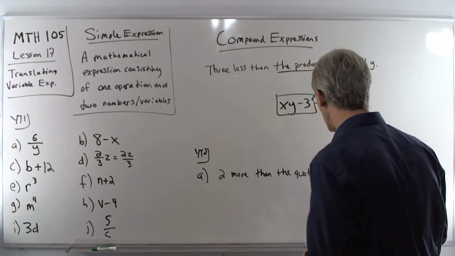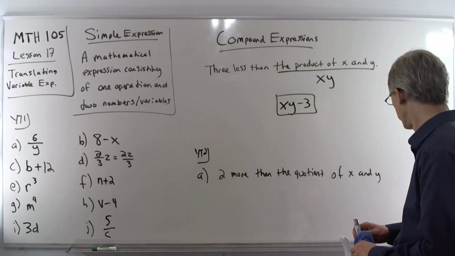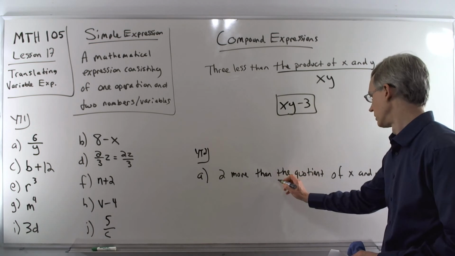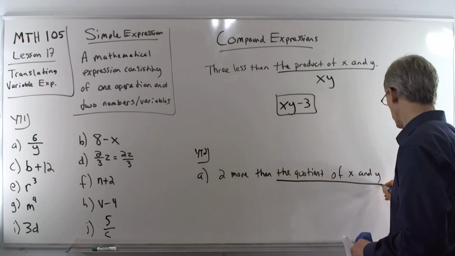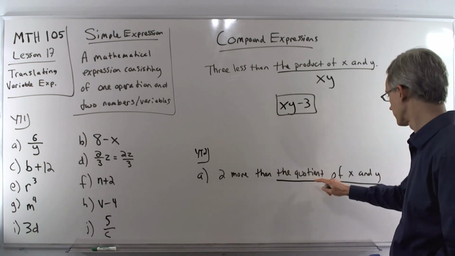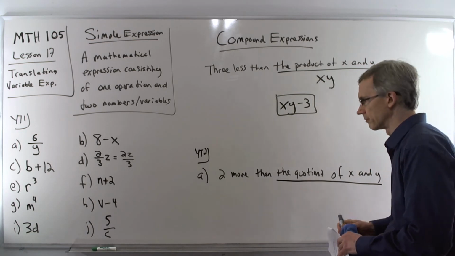So let's do part A together. 2 more than the quotient of x and y. So the simple expression there, the quotient of x and y. One operation, quotient, 2 numbers and or variables.